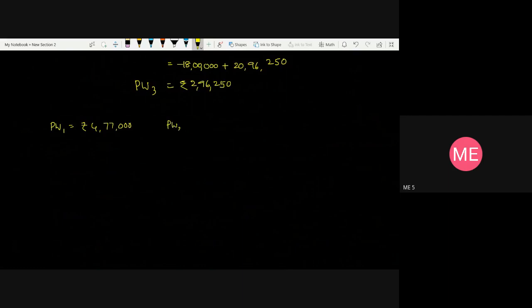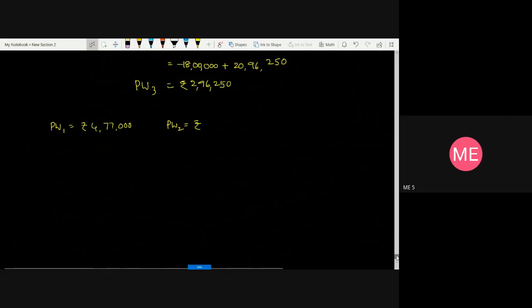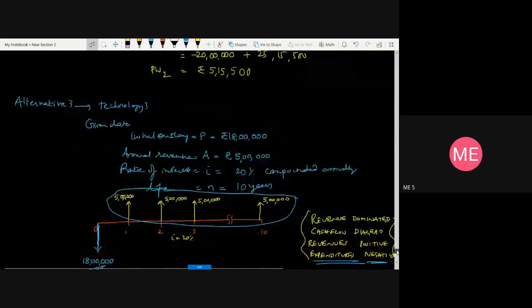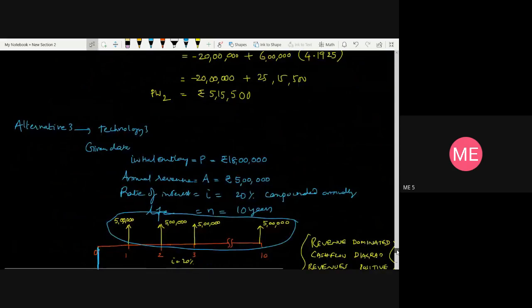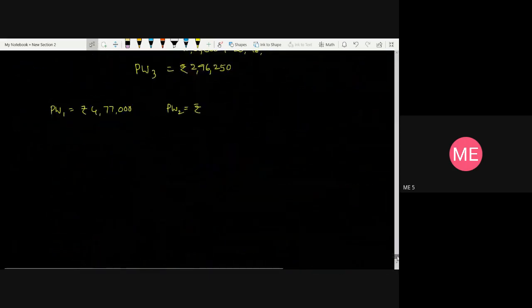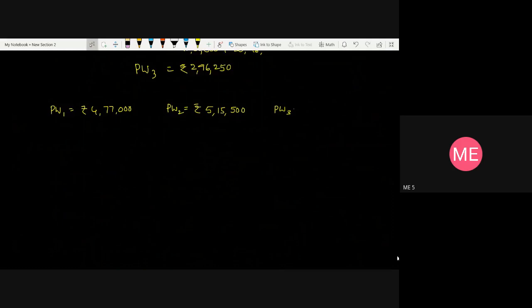And PW2, the present worth amount for the second alternative, is 5,15,500. Then the present worth of alternative 3 is rupees 2,96,250.